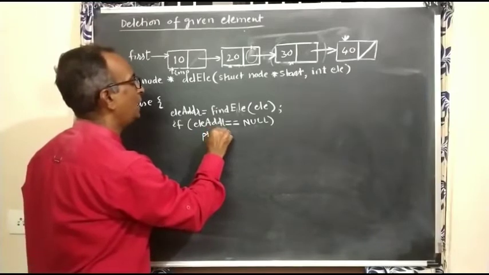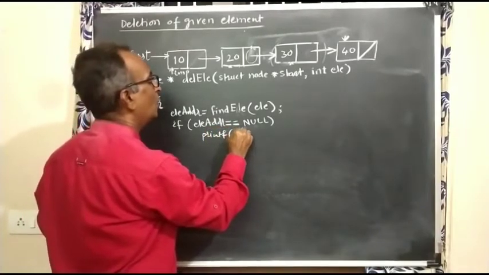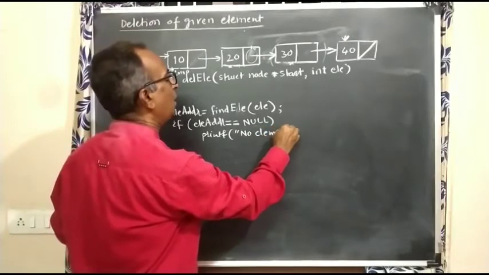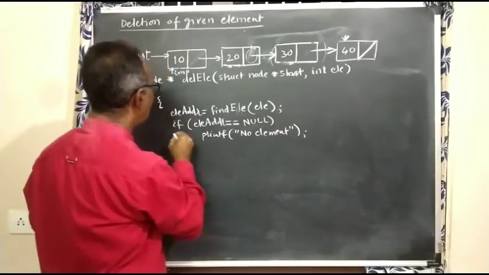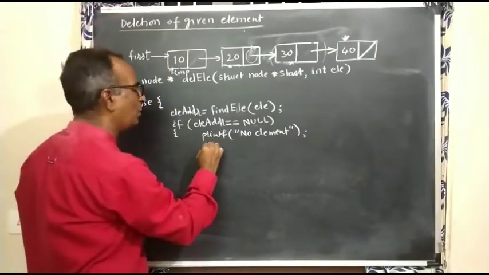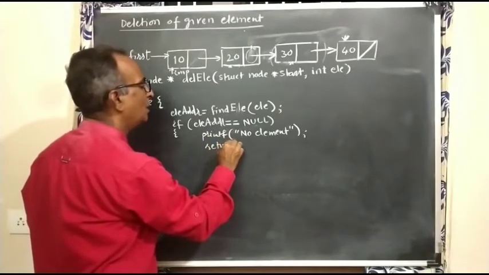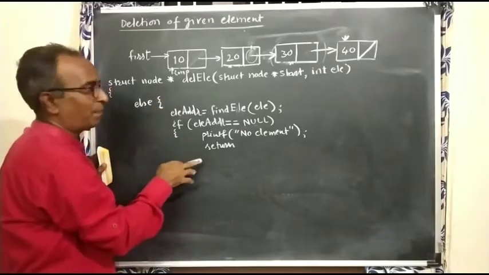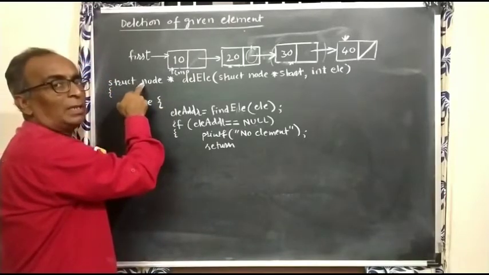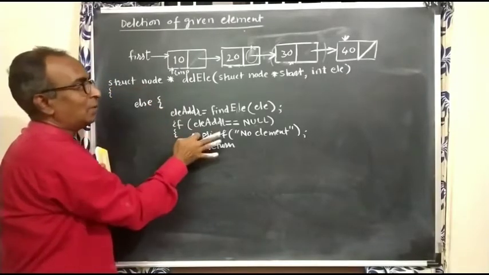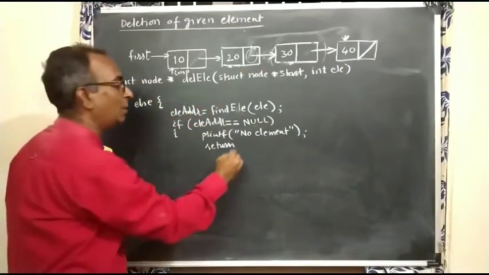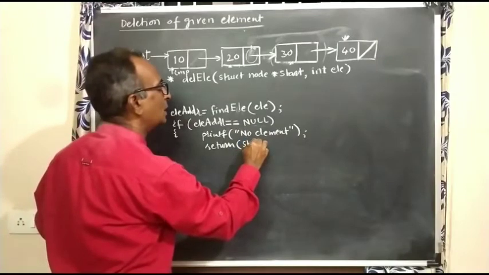We can say printf no element, whatever you are deleting, that element is not there, and from here itself you can return directly. Now you have to send something, because you are returning something, right? This case is where the list has more elements. So from here you can say return start.